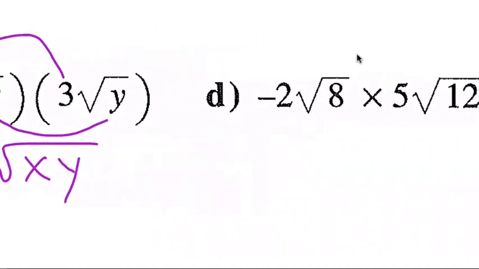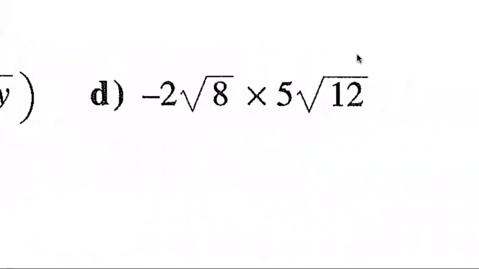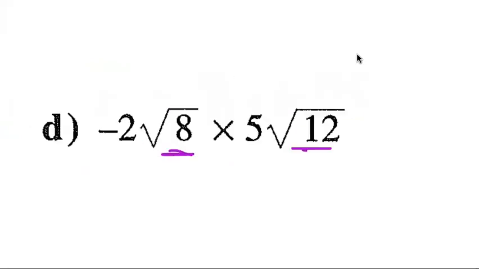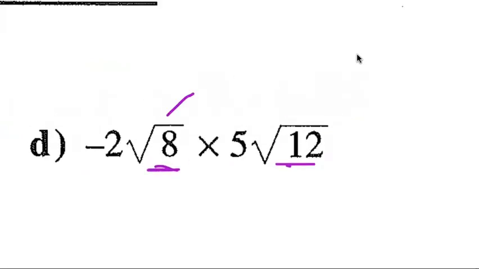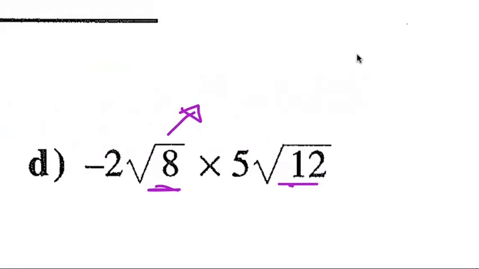And then question D. -2 square root 8 times 5 square root 12. These are both square roots, but these both can be reduced to begin with. Okay, so it's going to be significantly easier to reduce these now than it would be to reduce afterwards, because the number is just going to be so big. And then after a while, you're going to get to know, hey, you know what? I've worked with square root 8 so many times, I know that that is 2 root 2.